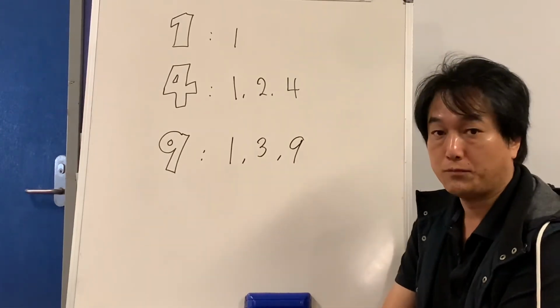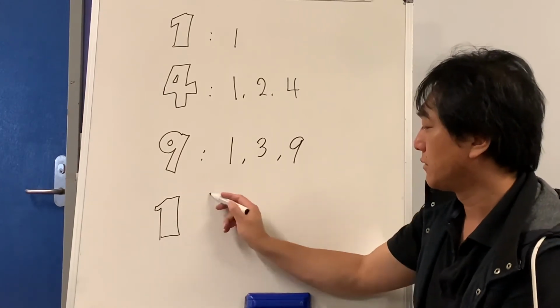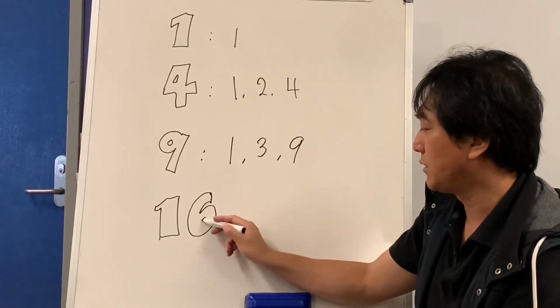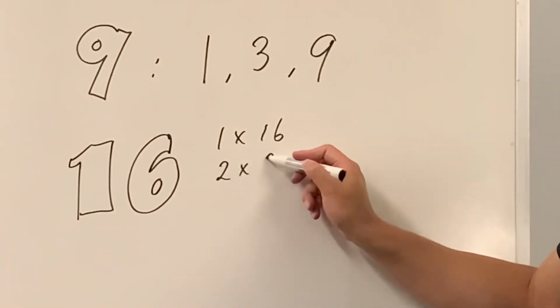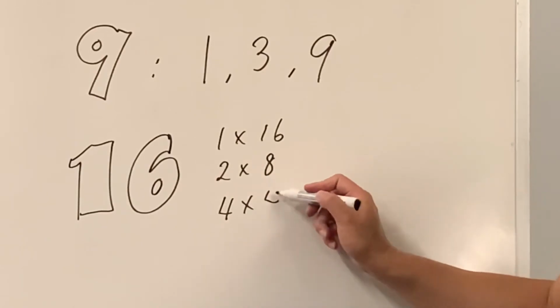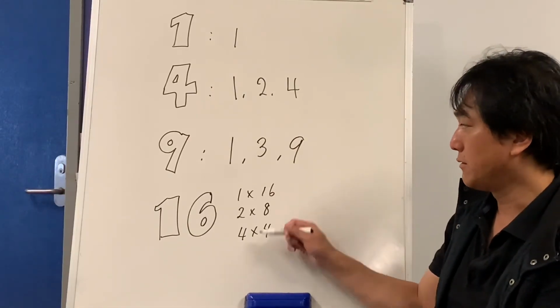Are there any more? I know 16 would have 1 times 16, 2 times 8, 4 times 4. Can you see a pattern here? What's happening?